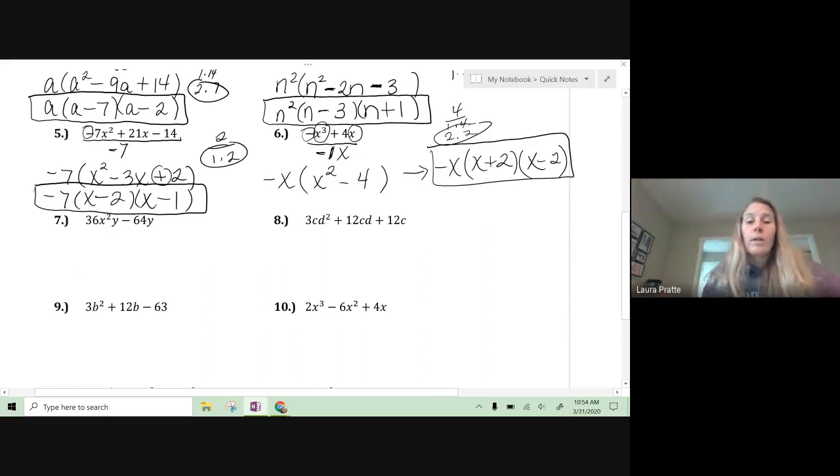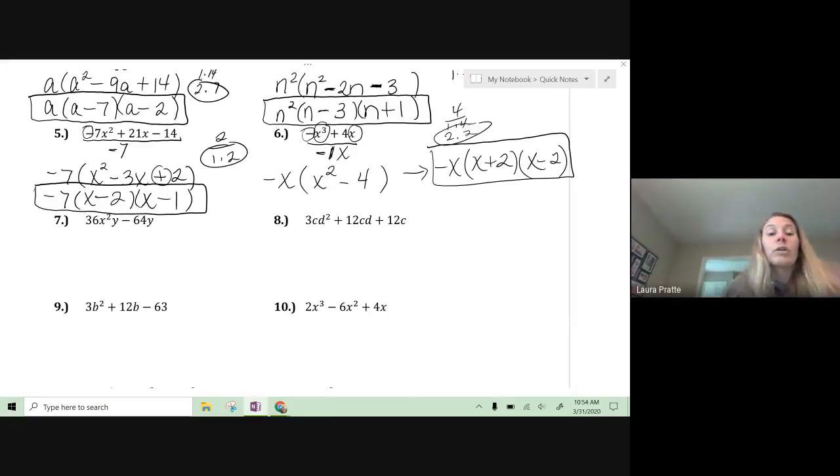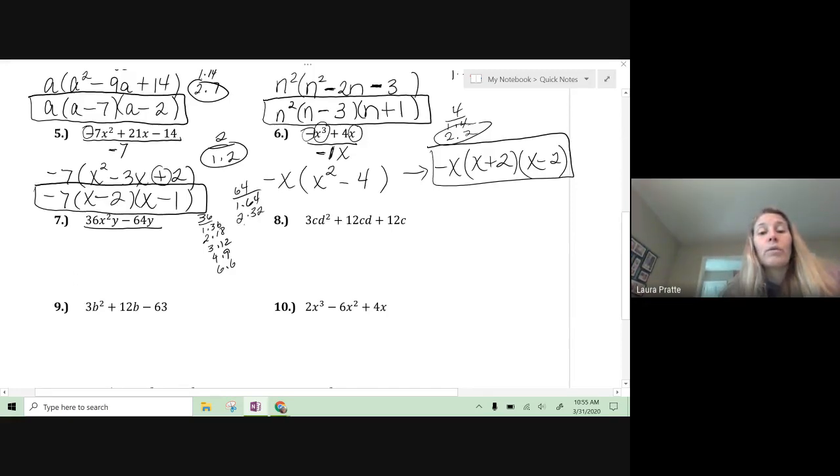Okay, a couple more here with some multiple factors. So 36 and 64, the largest number there is, let's see, we might have to write these down. So 36, I've got 1 and 36, 2 and 18, 3 and 12, 4 and 9, 6 and 6. For 64, I have 1 and 64, 2 and 32, 4 and 16, 8 and 8.